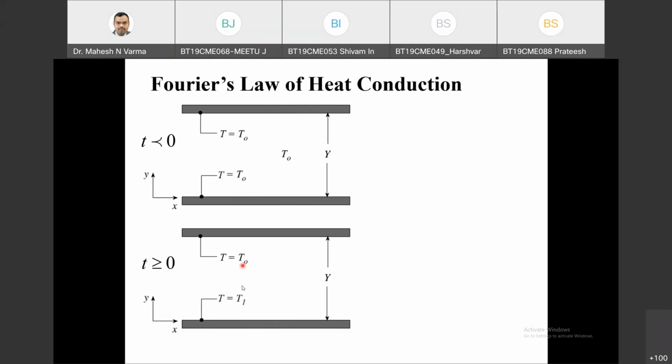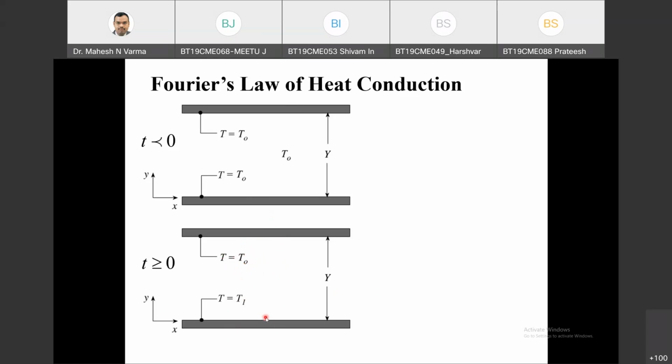If energy is given to the bottom plate to maintain temperature T1, that energy should be removed from the upper plate so that its temperature stays constant at T0 and does not increase. Whatever energy comes in this direction should be removed in equal amount. Then only can I keep this temperature constant at T0.